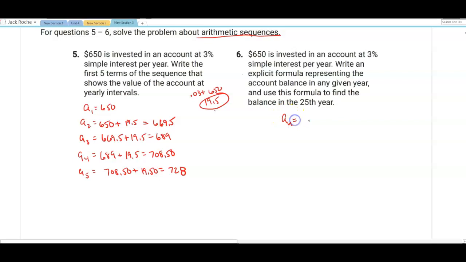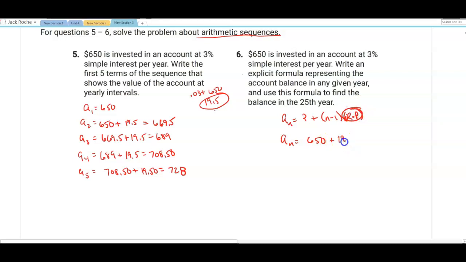Well, we know A sub n equals your original principal plus n minus 1 times your interest rate times your principal. So in this case, A sub n is you're starting with 650 plus what is your rate times your principal?